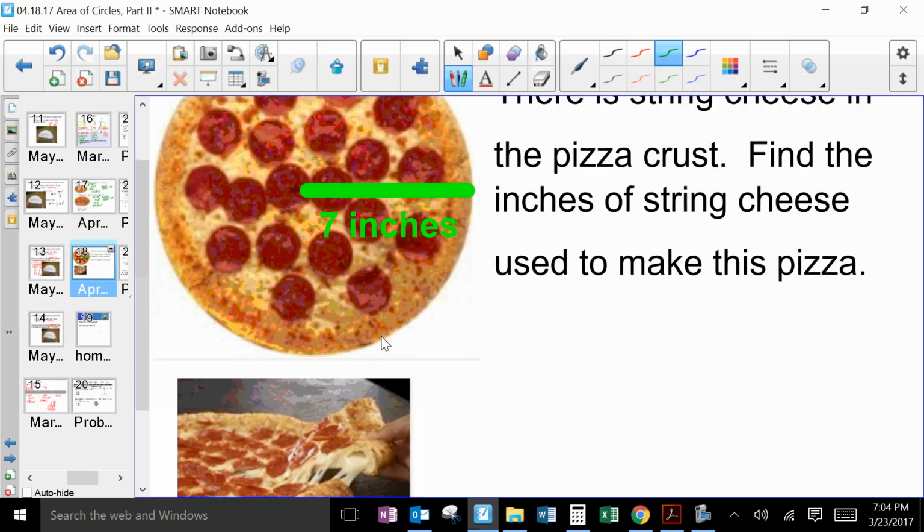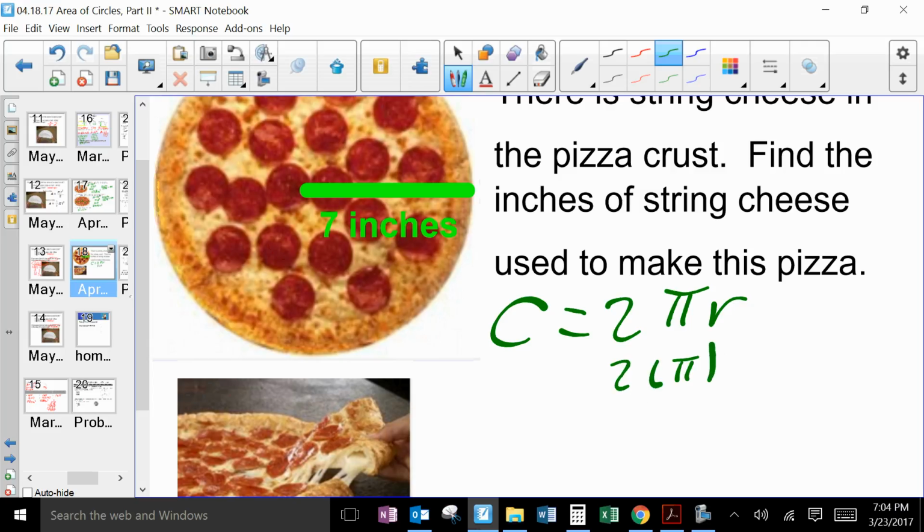No, that's called circumference. Hopefully you still remember circumference. Circumference is the distance around. Would I use pi d or 2 pi r if I know the radius? I will use 2 pi r. So 2 is 2, pi is pi, the radius is 7. 2 times 7, 2 groups of 7, is 14 pi.